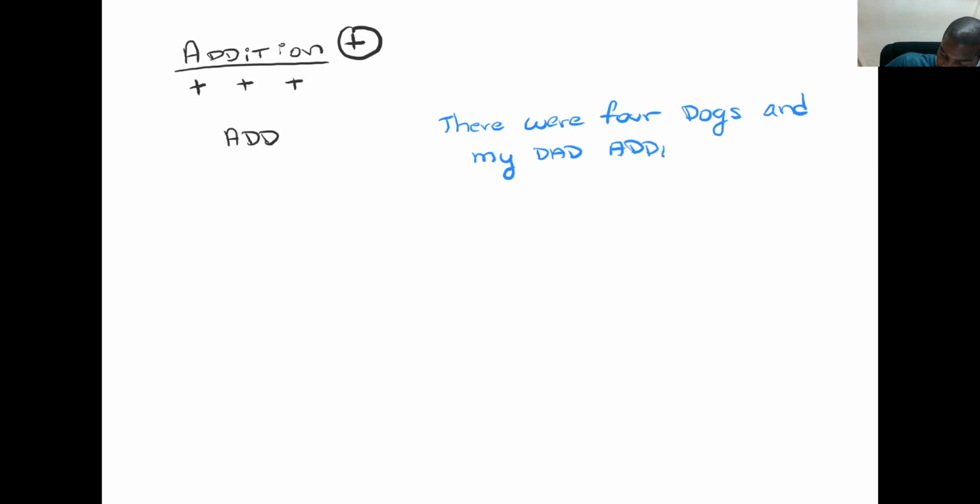A simple keyword here, add, could be something like this. There were 4 dogs and my dad added 2 dogs to the kennel.